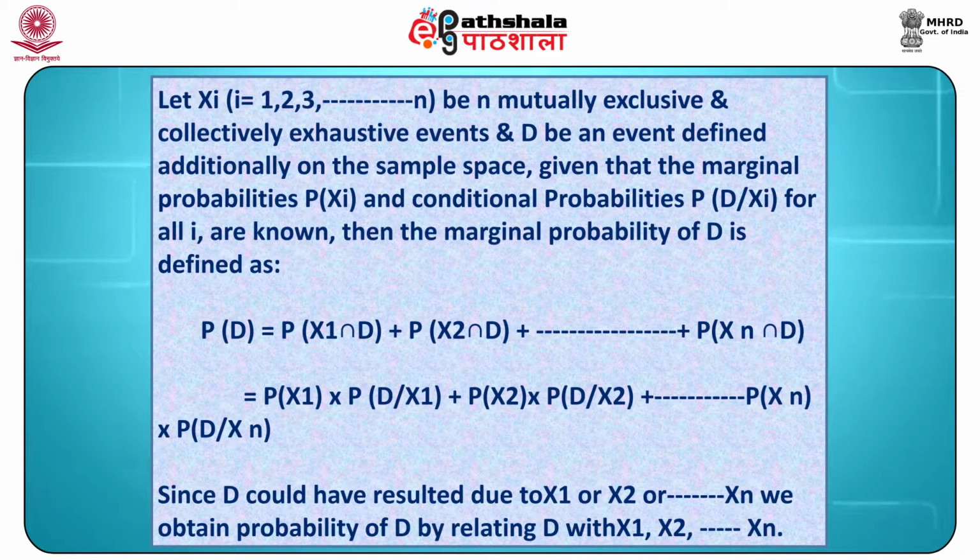This continues till P(Xn) times P(D given Xn). Since D could have resulted due to X1 or X2 or any way till Xn, we obtain the probability of D by relating D with X1, X2 right up till Xn.